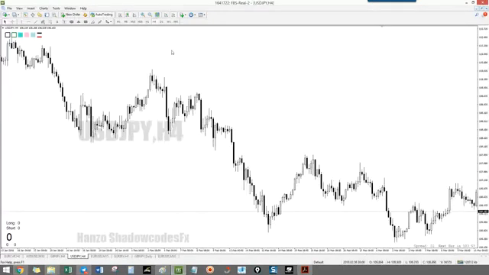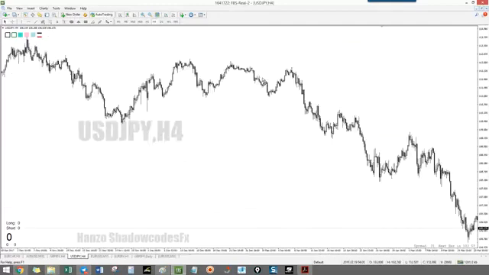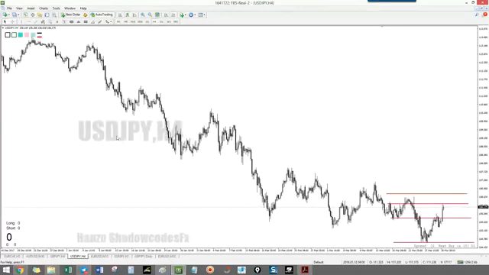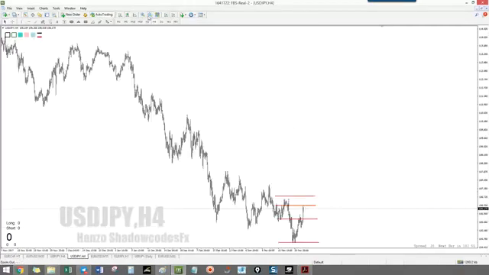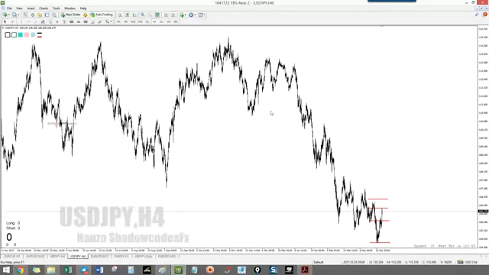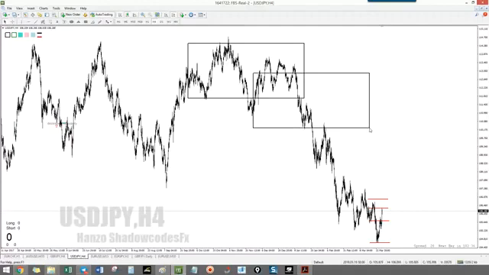It works something like this. If you want to trade breakout, remember the phases that I teach. Where does it start? Here. So this is the accumulation phase, the distribution, accumulation.